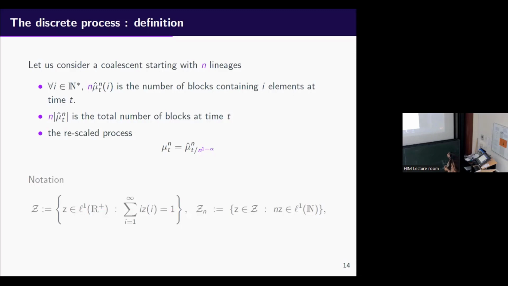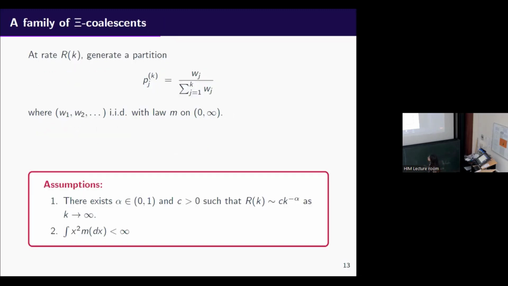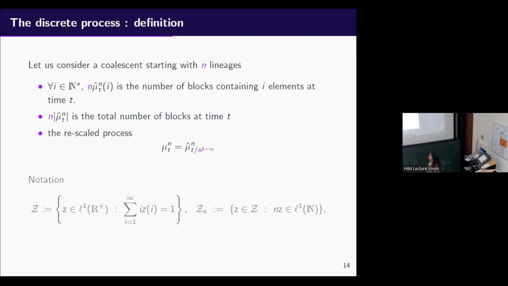Okay, so we are again interested in knowing whether this family of Xi-coalescents comes down from infinity. And we're even interested in a bit more, because we are interested in knowing the frequency of the blocks of a given size.